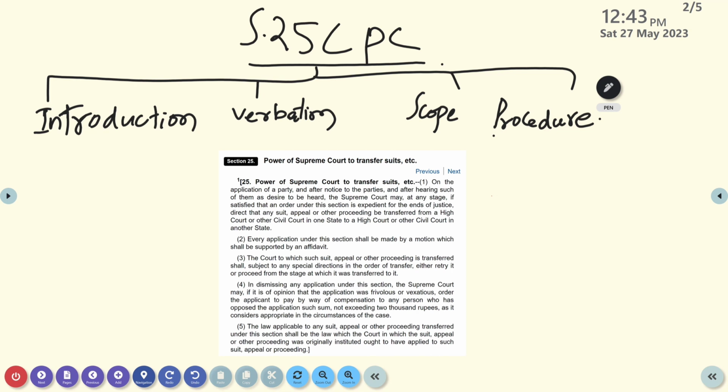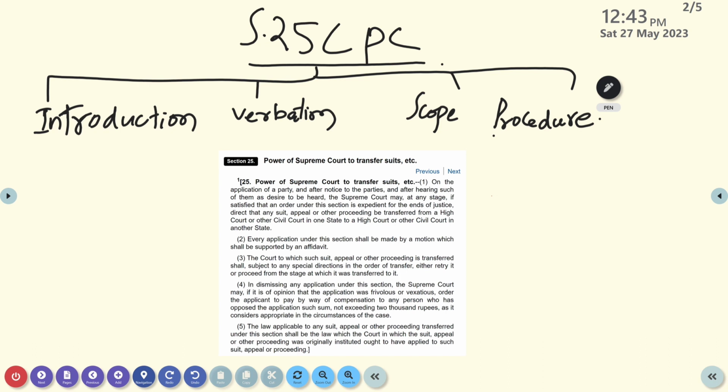You can see Sections 24 and 25 of CPC. Section 24 enables the high courts and district courts, whereas Section 25 enables the Supreme Court. So come to Section 24. What is the heading of Section 24? General power of transfer and withdrawal.